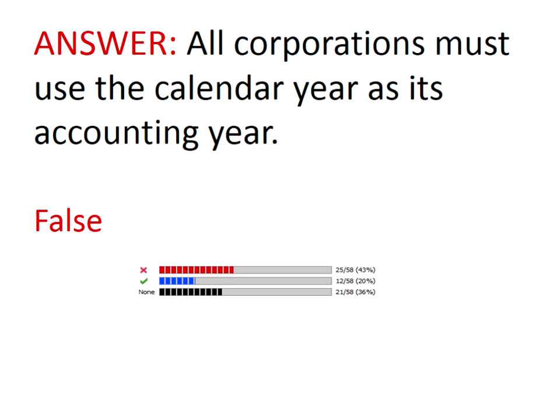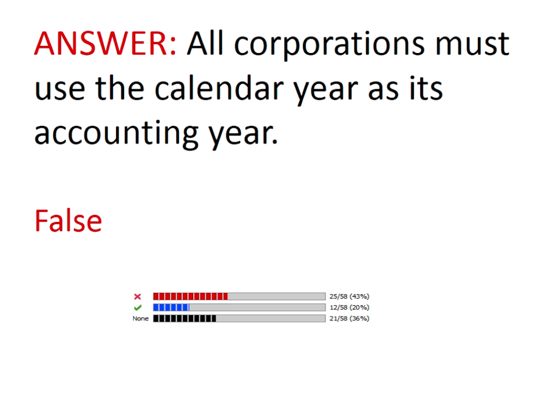A lot of retail stores have their fiscal year end January 31st. Why is that? They sell a lot of stuff for the season, and then people bring it back in January, so that's going to have some stuff in January for December. So corporations will pick a year that makes sense to them, and sometimes it's really weird.